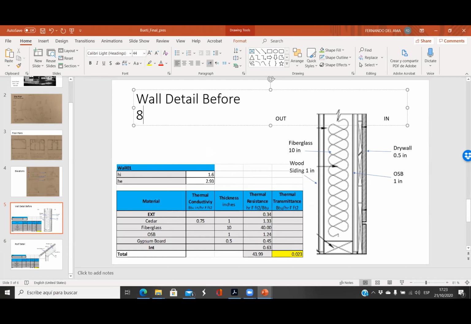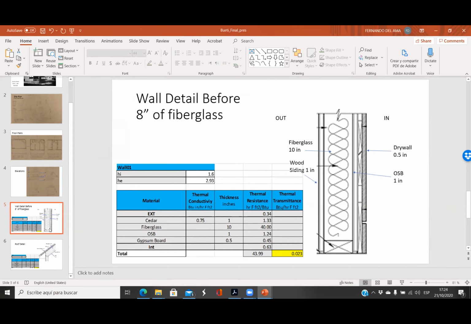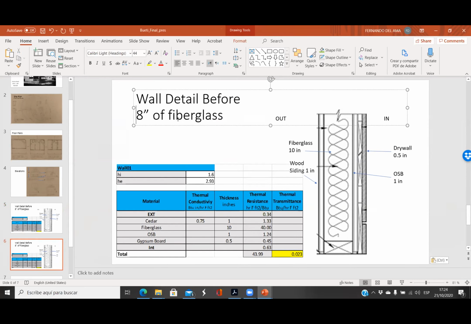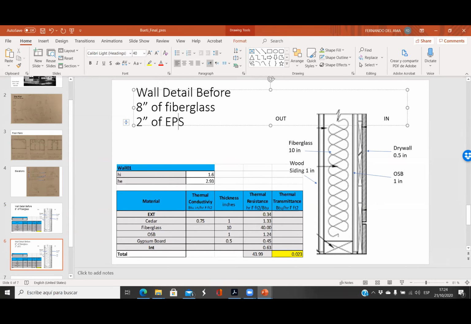We can have 8 inches of fiberglass, and then you can have 8 inches of fiberglass plus, let's say, 2 inches of EPS, and then you can add here another layer.